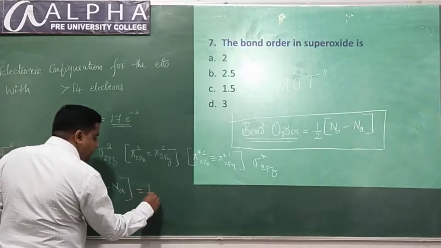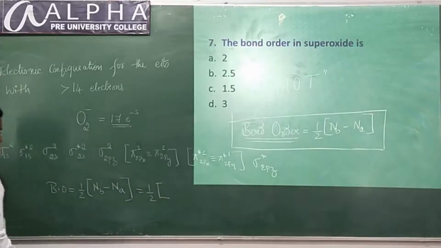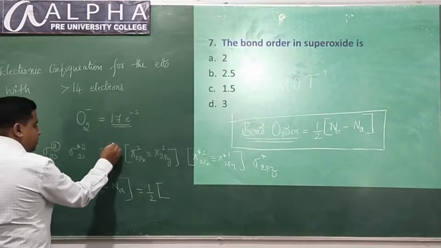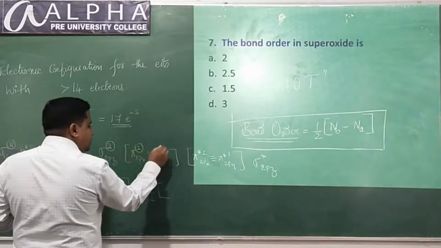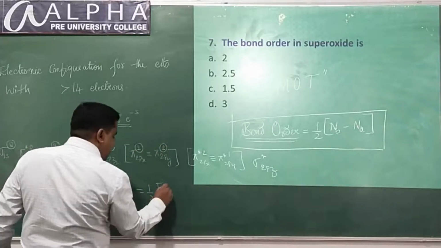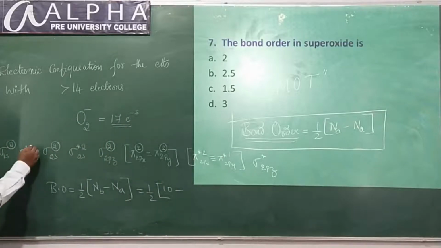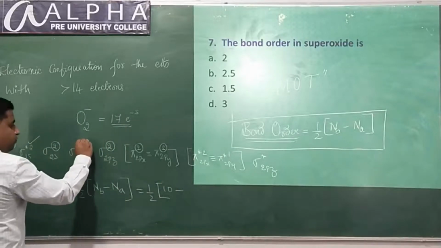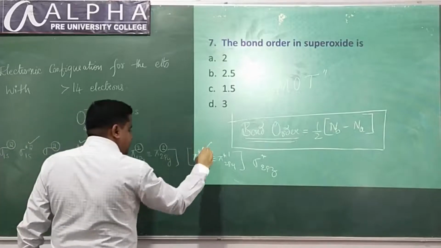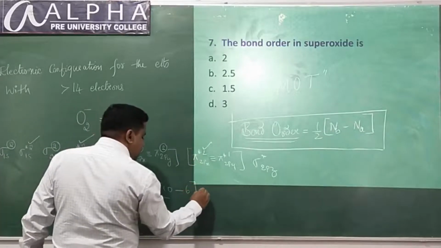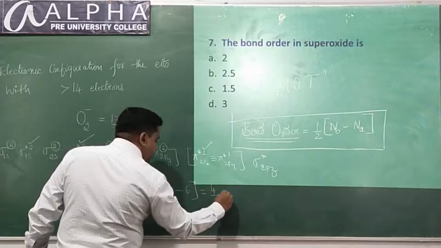Half of bonding electrons, 2, 4, 6, 8, 10, minus number of anti-bonding electrons, 2, 4, and 6. So 10 minus 6 is 4. 4 by 2 is 2.